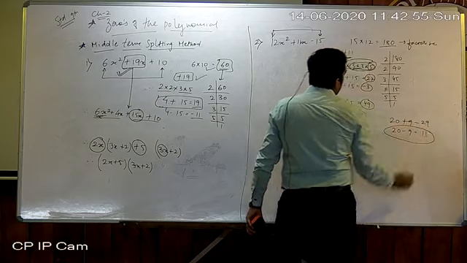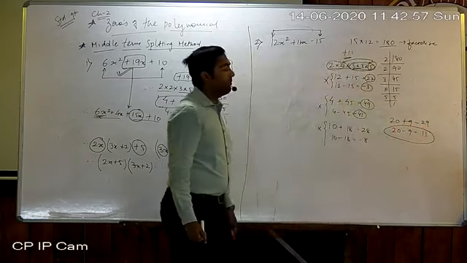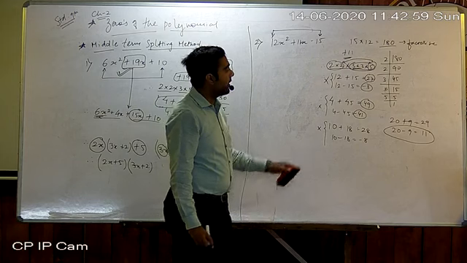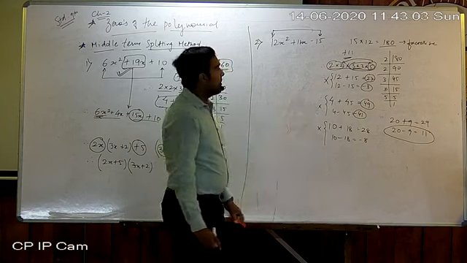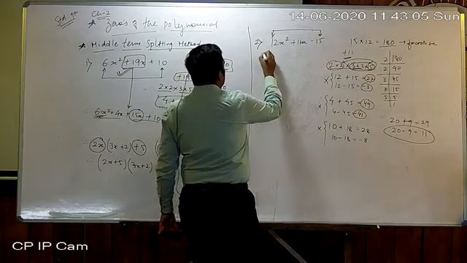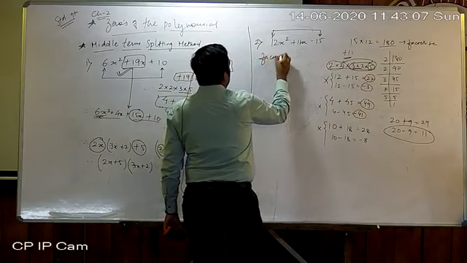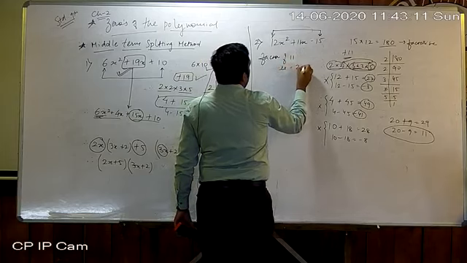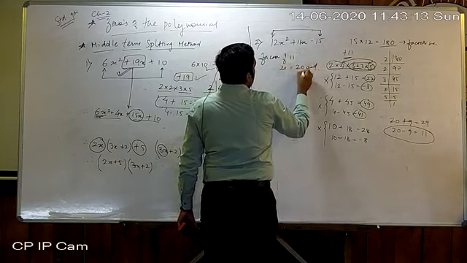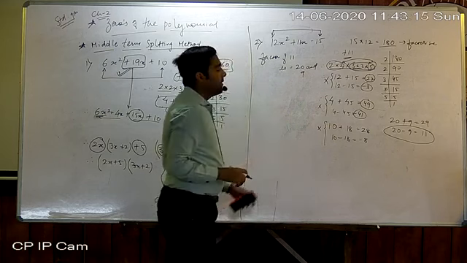So here we found the pair of numbers, that is 20 minus 9, that is 11. Okay, so my factors for 11 are 20 and 9. Okay, clear?